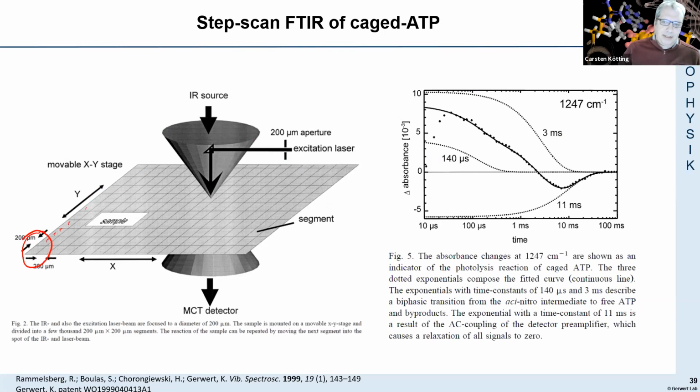And by that, you have an identical environment everywhere. And if your sample is very homogeneous, you can then do a step-scan experiment with this sample. However, to get good data, 5 samples were needed, and the overall measurement time was 5 hours to get, in the end, the time-resolved data from the caged ATP.